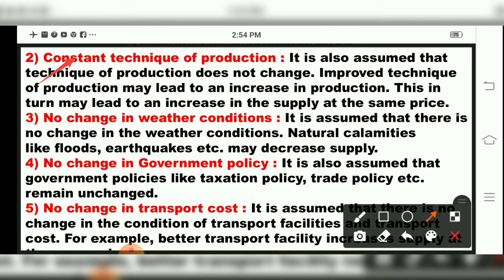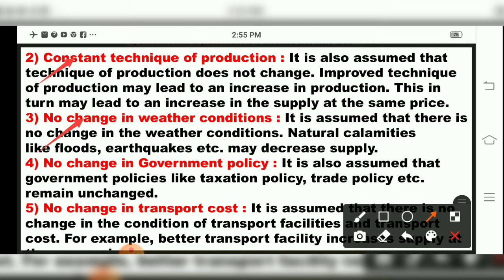Now the third one is what? No change in weather conditions. That means climatic conditions should be equal. There should not be drought season, there should be no heavy rainfall, flood areas should not be there, winter should be proper, all the climates should be proper.